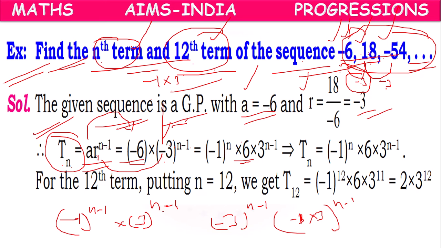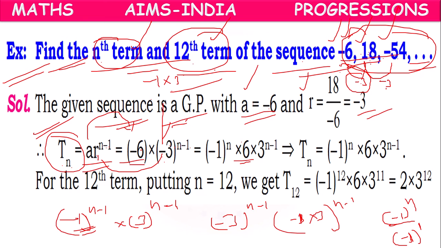Again, this minus 1 whole power n minus 1 can be written as minus 1 to the power of n by minus 1 whole power 1, which is equal to minus 1 to the power of n by minus 1.